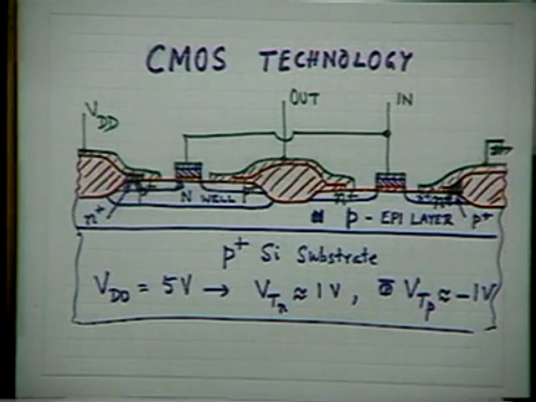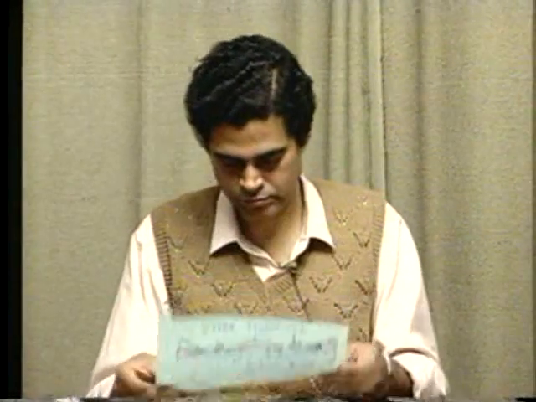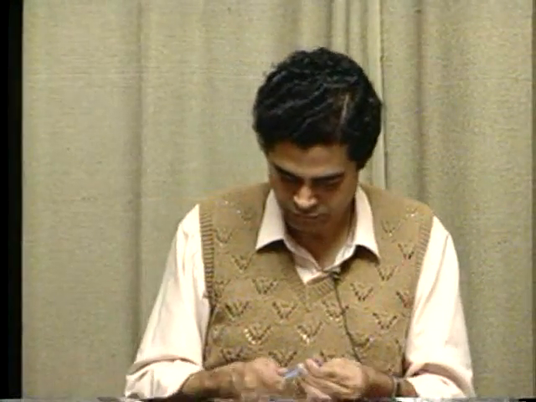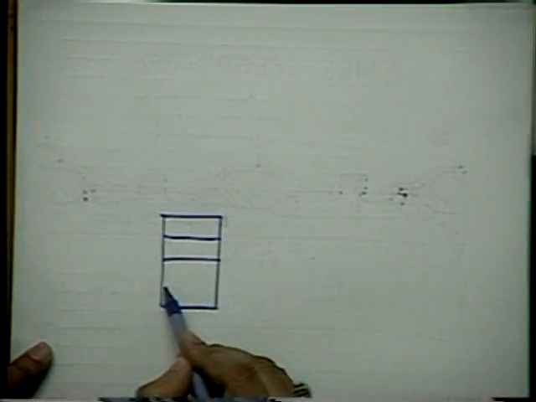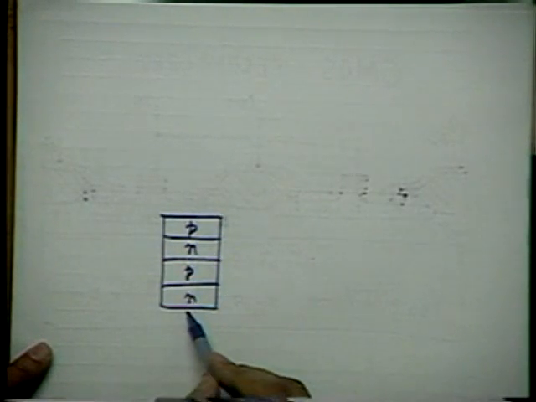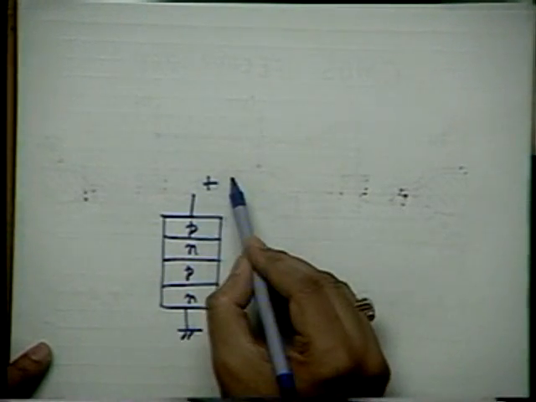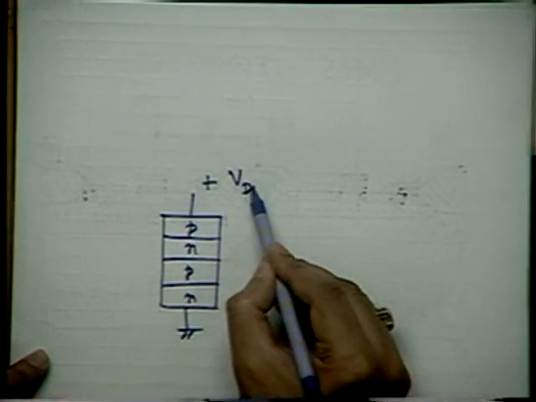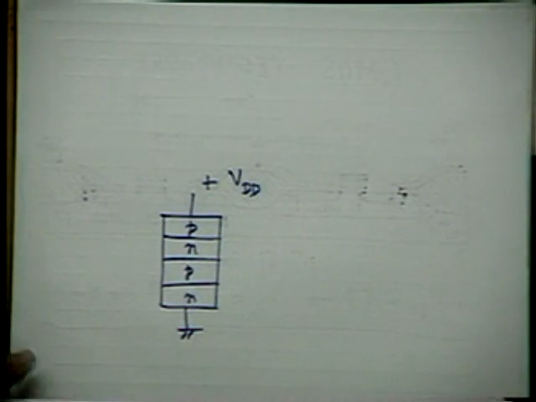And you remember a PNPN layer. If you have a PNPN layer, let us discuss it. Say let me write VD. What is the characteristic of this PNPN layer?